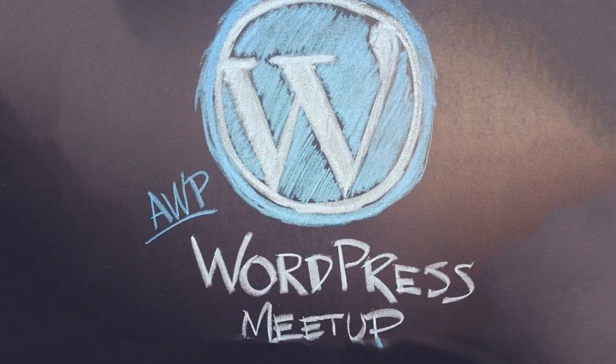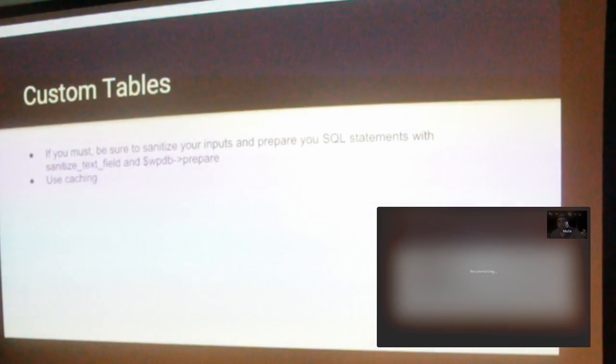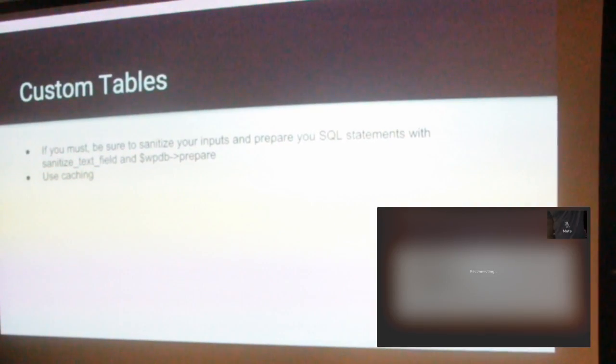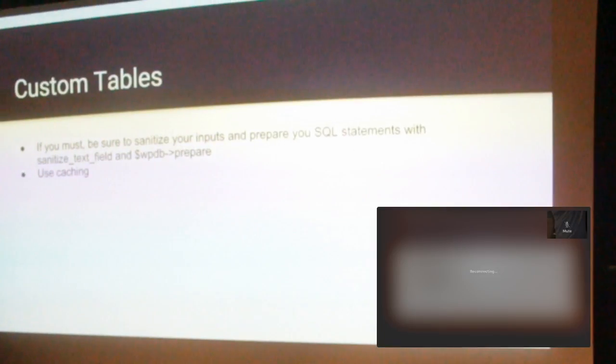If you must use custom tables, be careful. Sanitize your inputs, the ones that come in, using sanitize text field and the other sanitize functions. Protect from SQL attacks using wpdb prepare. I can't tell you how many client projects I've come onto where they had someone who was half decent at PHP but didn't know diddly about WordPress, and they're just running things that people are posting directly against the database.